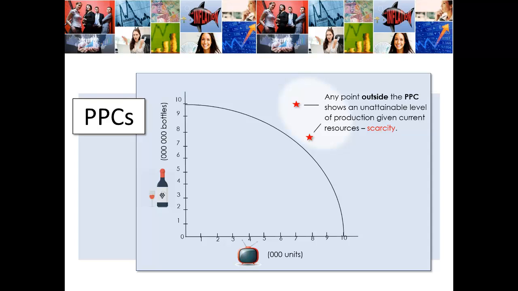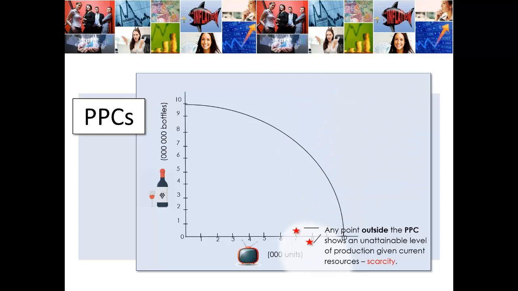Remember, any point on the line we are using our resources at maximum efficiency. So any point outside the PPC is an unattainable level of production. We may want to produce here, our consumers may demand that we produce here, but the economy cannot. It does not have enough resources, and so we have scarcity.